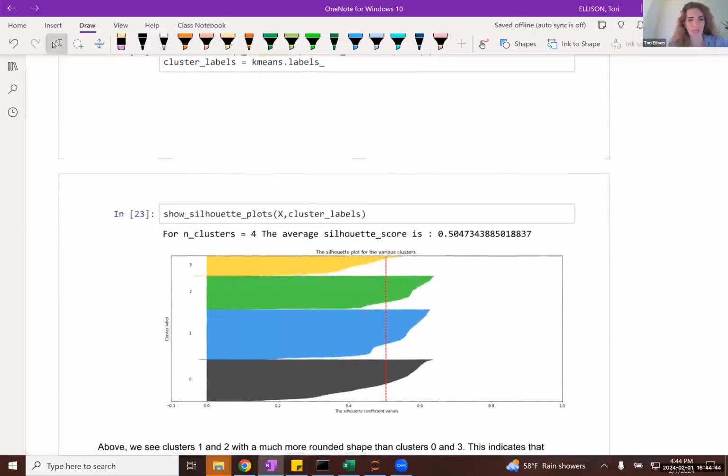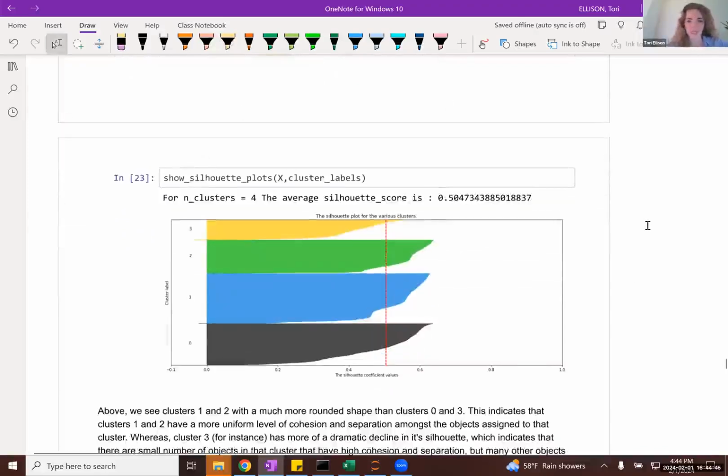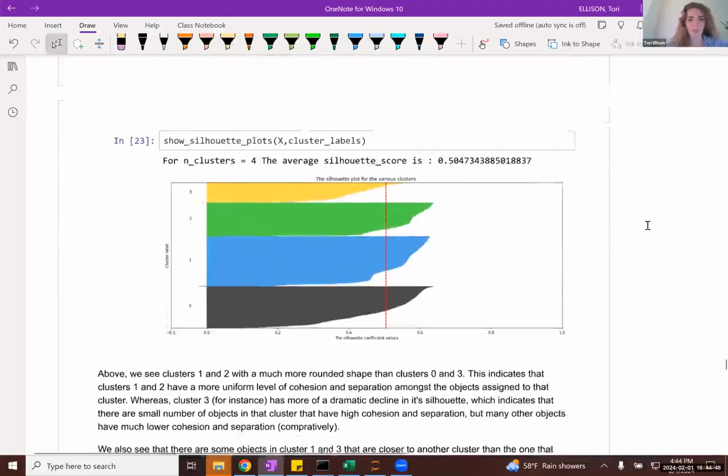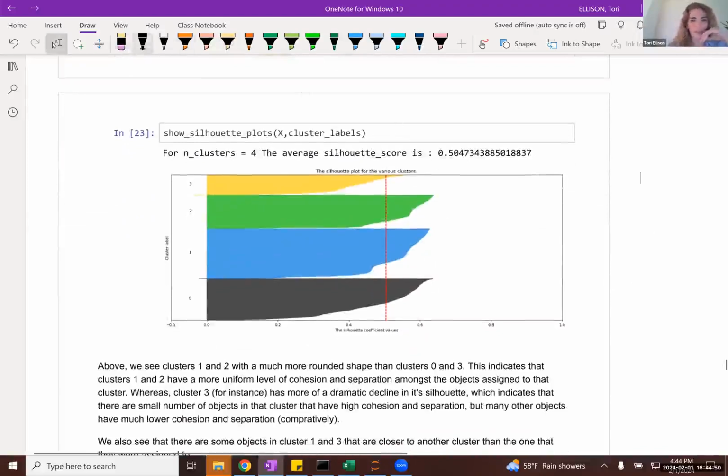And that creates this corresponding silhouette bar plot. We can see the average silhouette score when we used 4 clusters is in fact a little bit higher than when we were using 3 clusters. We can see that further validated in each of these 4 cluster silhouettes, if you will.